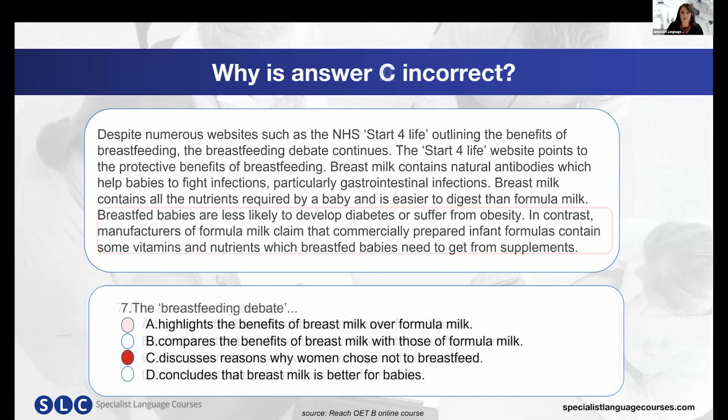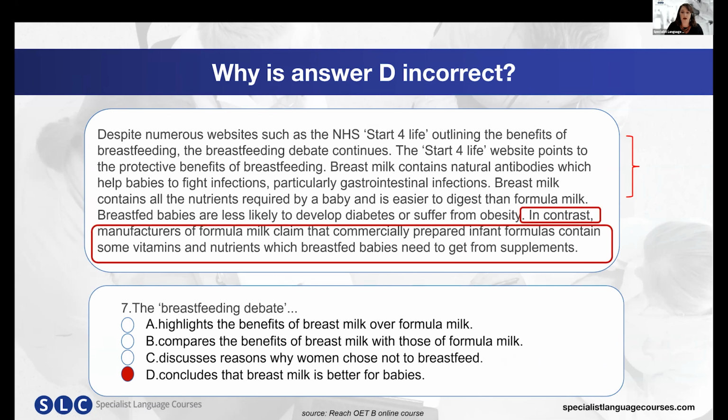C is not correct as we don't have any information. It's not mentioned as to reasons why women chose not to breastfeed. D, we're looking particularly for a concluding statement here, and we're not given a concluding statement that one is better than the other. We're given details on the benefits of each of them. So we can see that B is our correct answer here.